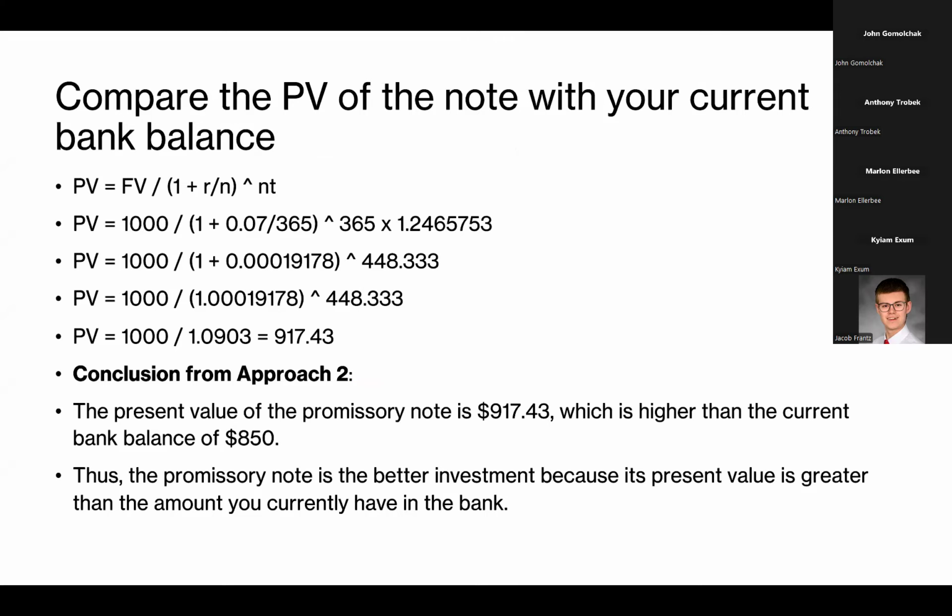From this approach, we got that the present value would be $917.43. The conclusion was that the present value of the promissory note, $917.43, is higher than the current bank balance. So the promissory note is the better investment because its present value is greater than the amount that you currently have in the bank.